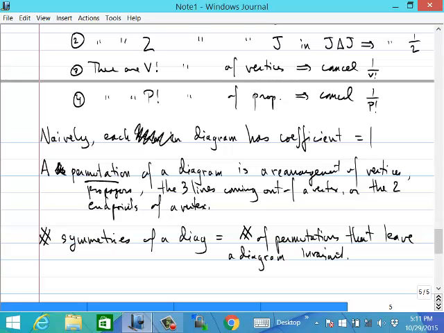And that number of symmetries is precisely the amount by which we have overcounted the contribution to the generating function when we use that naive combinatoric argument up above.